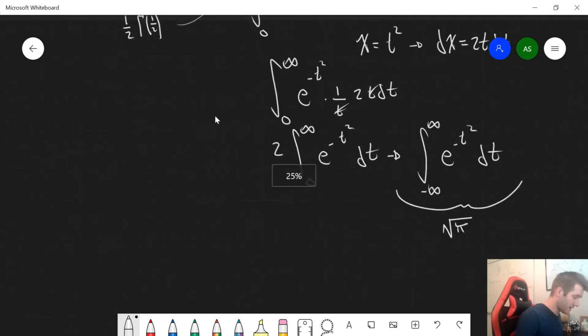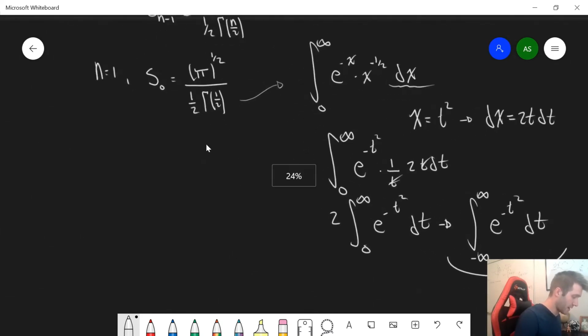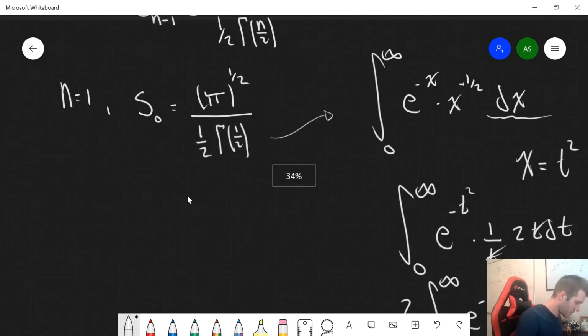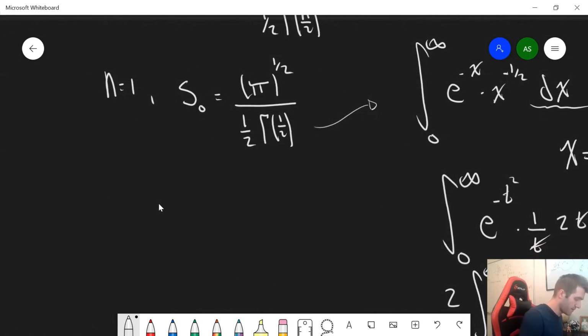So now we can plug this in for our gamma function over here. And let's do that. So our surface area for n equals 1 is going to be equal to the square root of pi over 1/2 times the square root of pi.